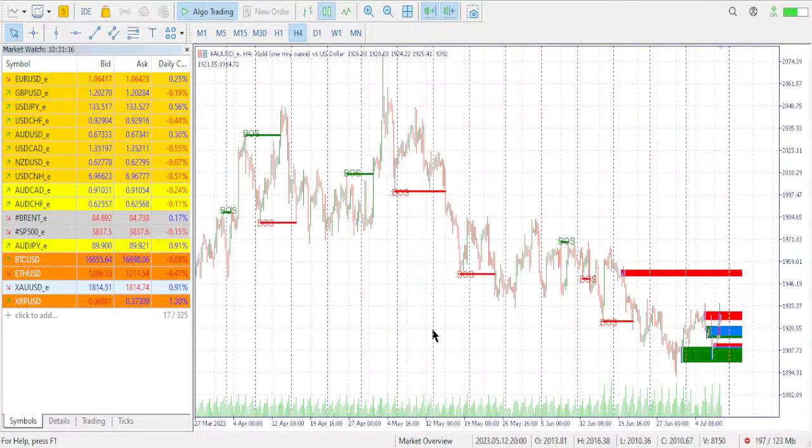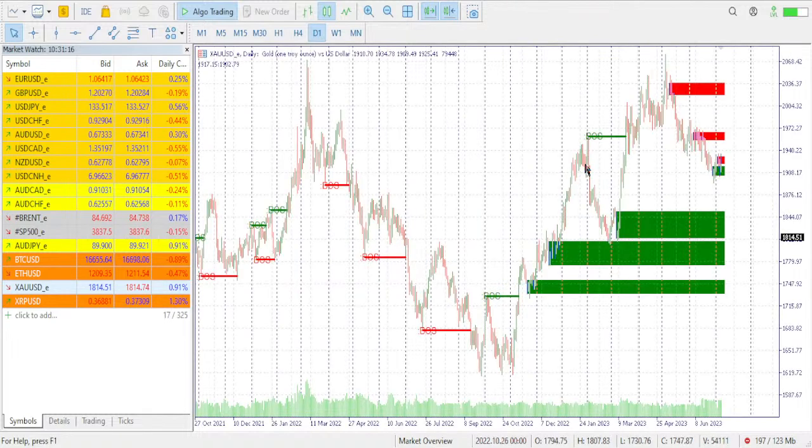My next chart, this is gold. With gold so far, we are having a very good zone here.